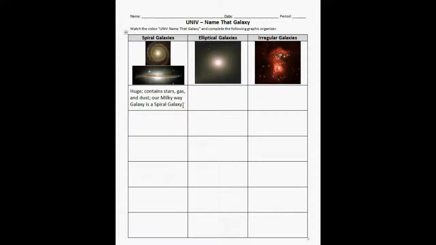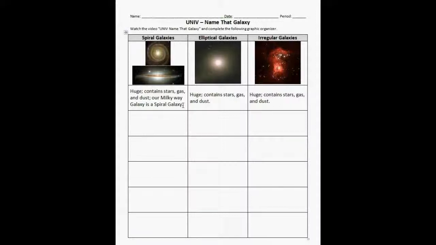All right, an elliptical galaxy is also huge. It also contains stars, gas, and dust. And so does an irregular galaxy. So all 3 galaxies are made up of stars, gas, and dust.